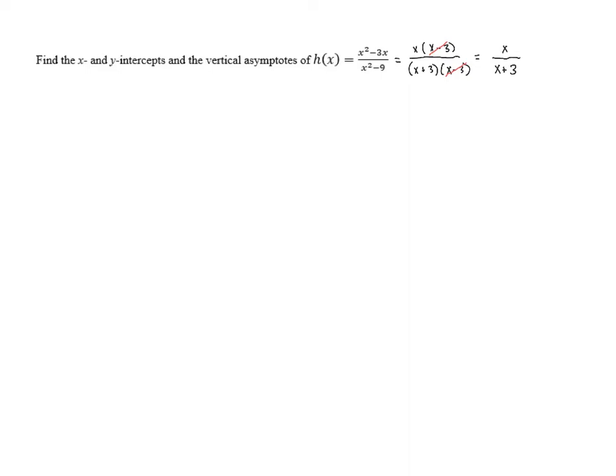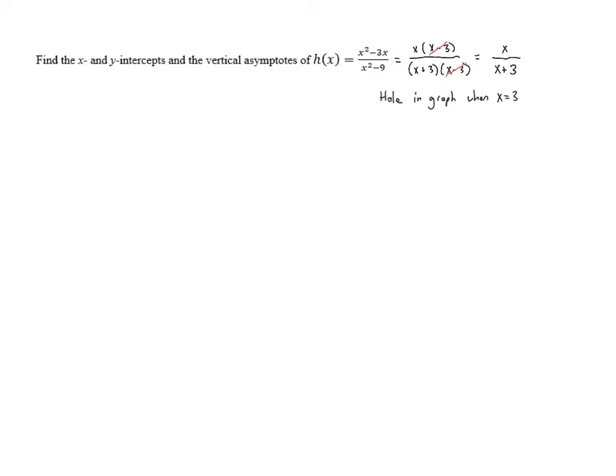But one important thing to note is that because we had a factor of x minus 3 in the bottom and the top, we know that the function is not defined when x equals 3. And so what this is going to do is give us a hole in the graph when x equals 3.